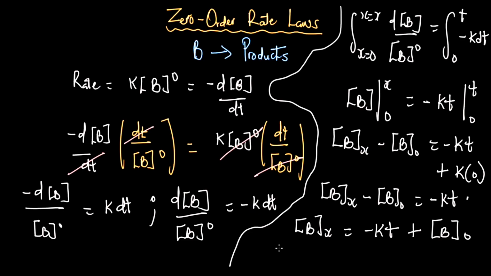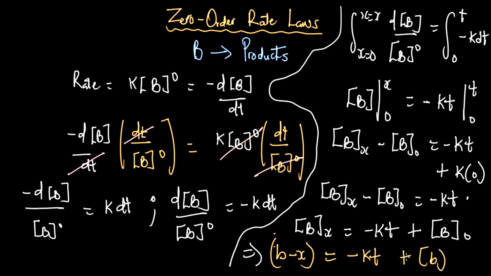This can also be written as B minus x, which is the final concentration, equals negative kt plus B naught, which is the initial concentration of the reactant. So this is the integrated rate law for a zero order reaction.